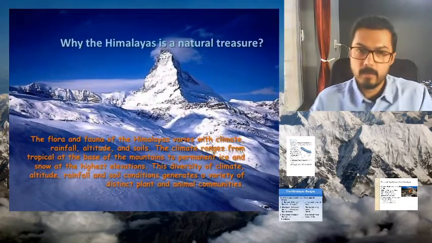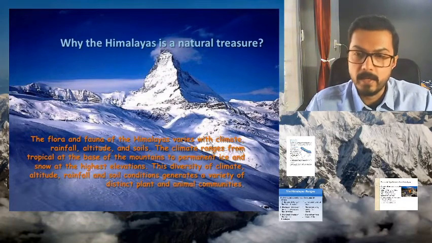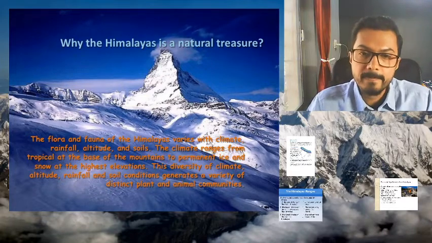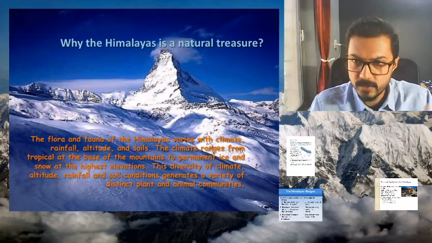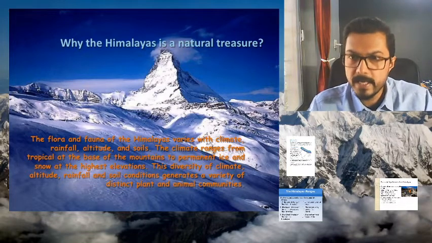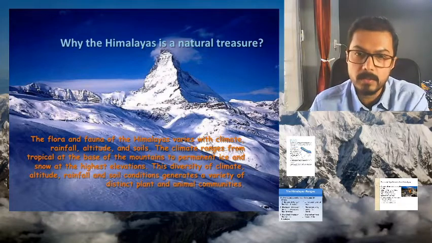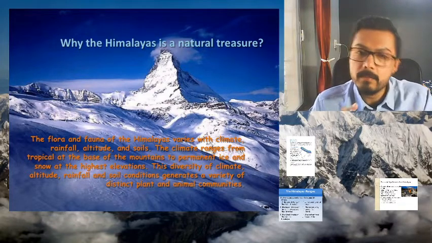The flora and fauna of the Himalayas varies with climate, rainfall, altitude and soil. The climate ranges from tropical at the base of the Himalayas, that is the Shivalik part, where you will have slight subtropical climate, and as you go further north, you find that there is a permanent ice snow at the highest elevations.